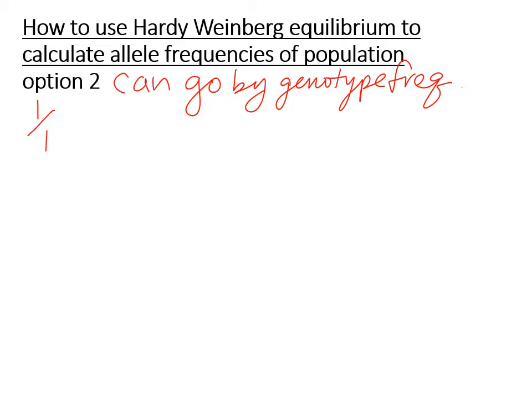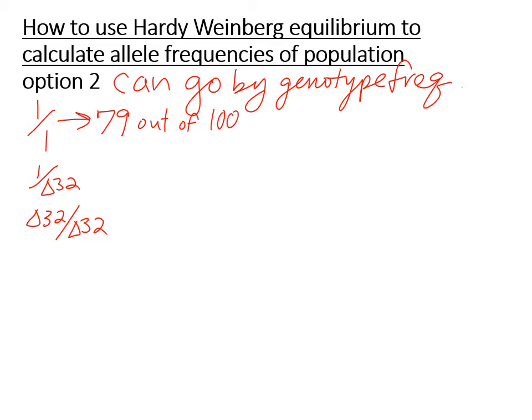There's the 1-1, the 1 delta 32, and the delta 32 genotype. The first genotype, 1-1, we said that the frequency was 79 out of 100 individuals.